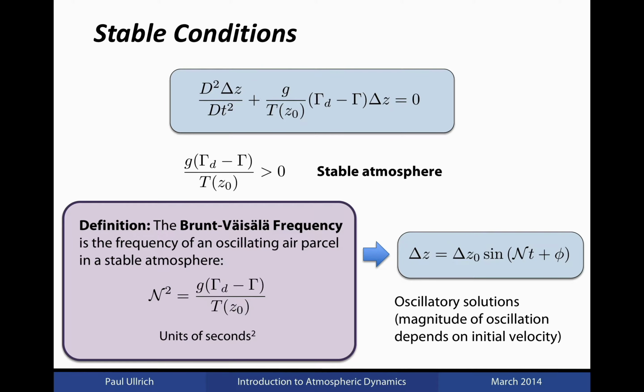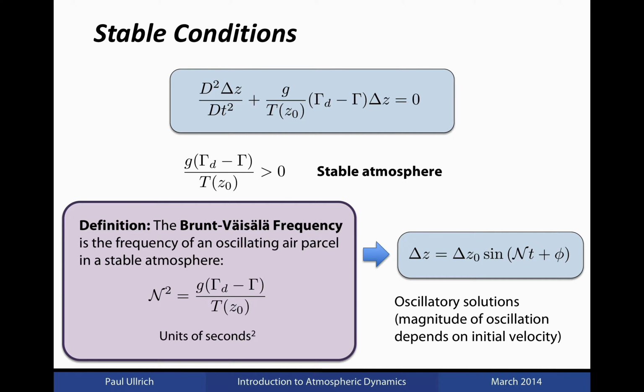So in the case of the constant being greater than 0, this corresponds to a stable atmosphere. That's because the solutions of this equation for a positive constant are given by sinusoids, namely sine or cosine functions in time. Consequently, a fluid parcel that is adjusted upwards will tend to oscillate in altitude about the initial location z0.